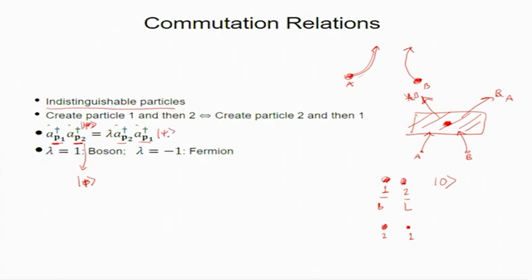Now this acting on psi will also give phi, or it could give you minus phi, because we do not worry about the sign. What we measure is the probabilities. So sign is not important. Of course, you may say, well, it could be some arbitrary phase, but that is not considered. It is considered either plus or minus.